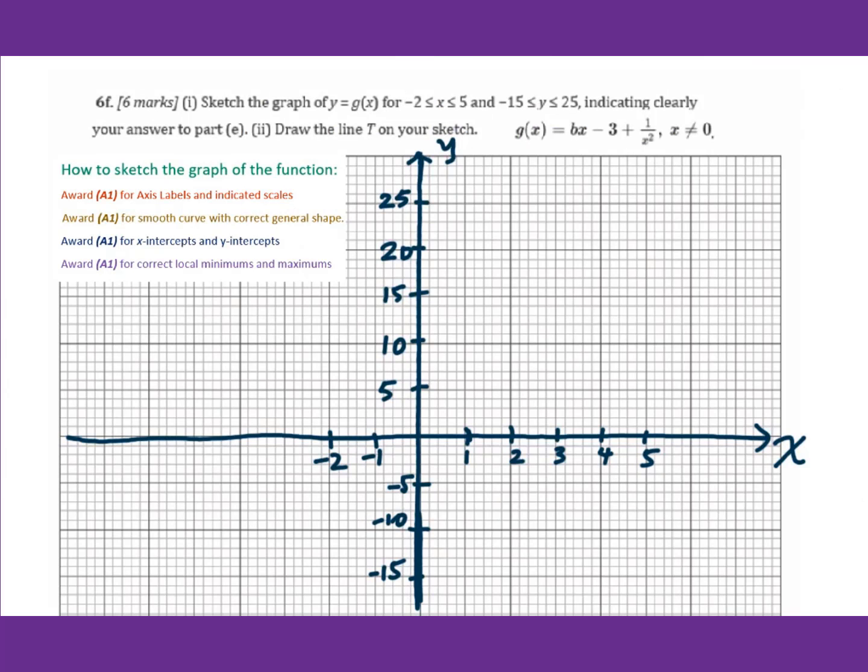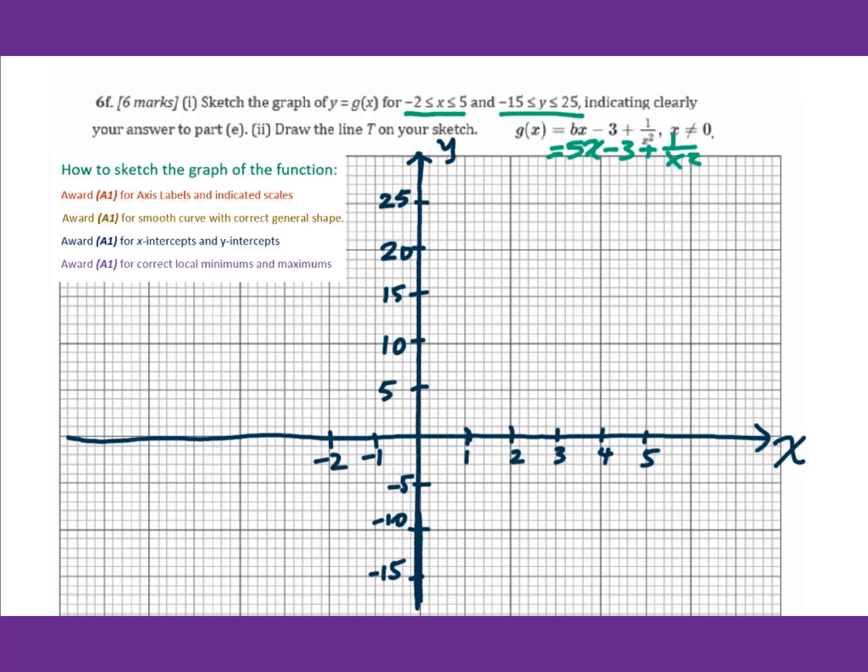Now let's sketch this graph. Since we already got b equals 5, we are sketching this function 5x minus 3 plus 1 over x squared. You are given the domain and a range, so you will set up the domain and range as given.